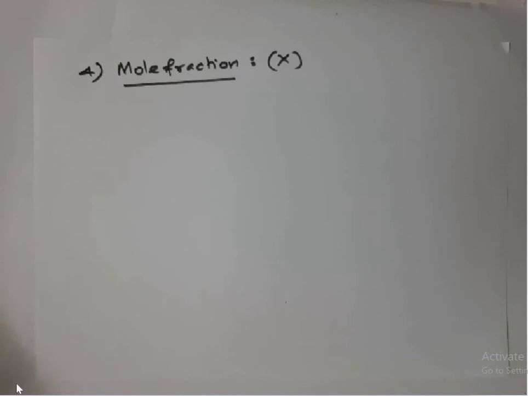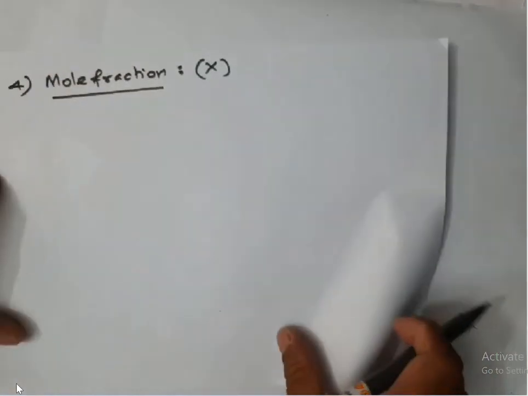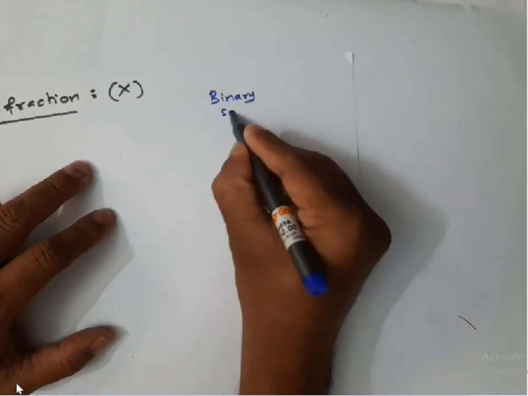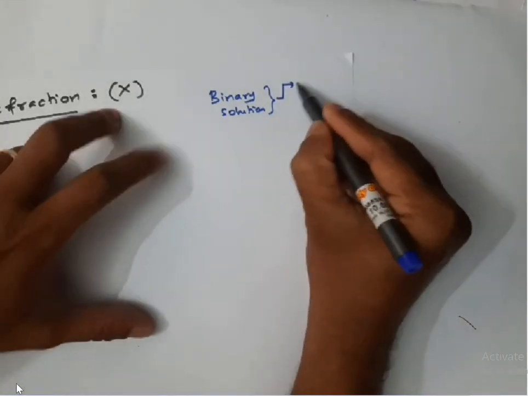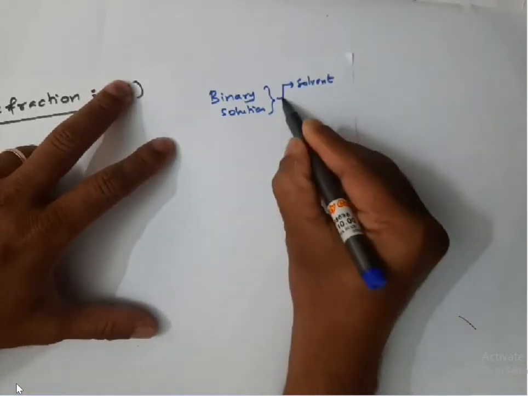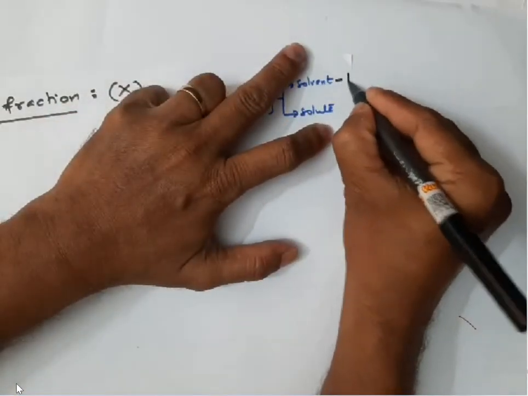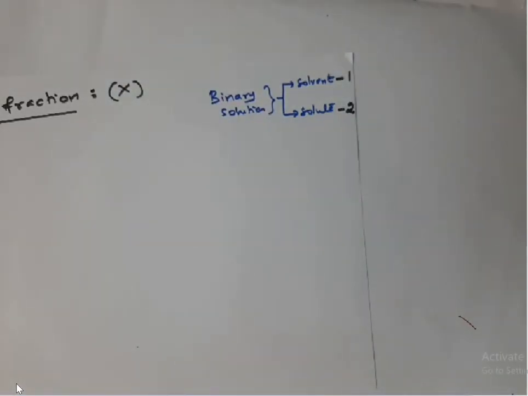Students, before going to that, I'll give one piece of information here. This is very important. In the case of a binary solution, observe this carefully. It consists of solvent and solute. We generally use number 1 for solvent and number 2 for solute. In the solution topic, wherever we put number 1, it means solvent, and number 2 means solute.